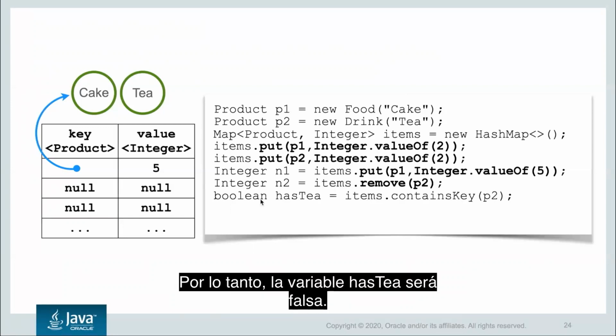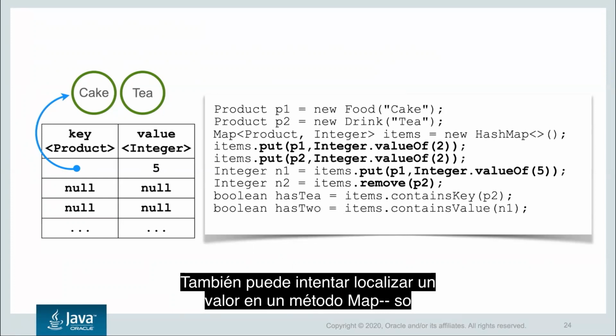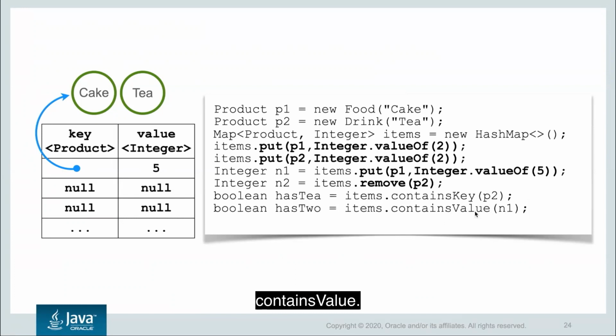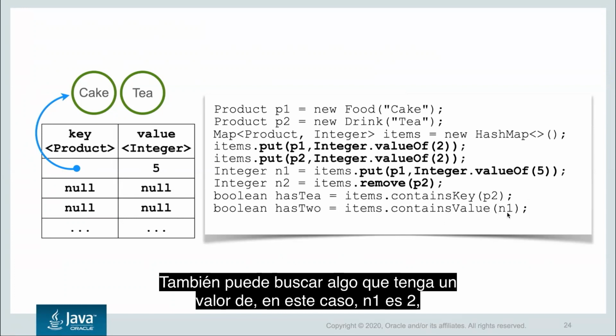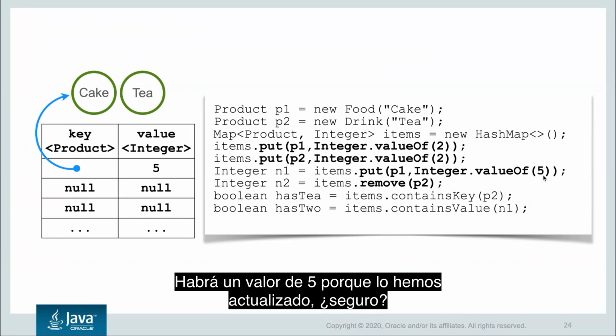We just removed it, so the containsKey method will return false. You could also use the containsValue method, and look for something that has a value of, in this case, 2. Again, it's no longer present. A value of 5 would be found, we just updated it.